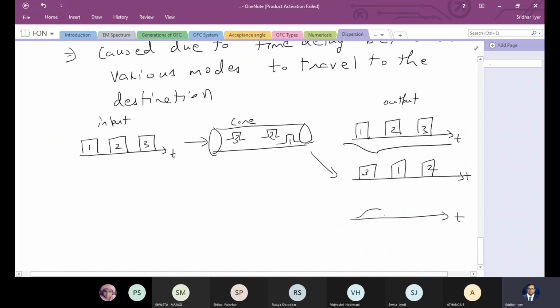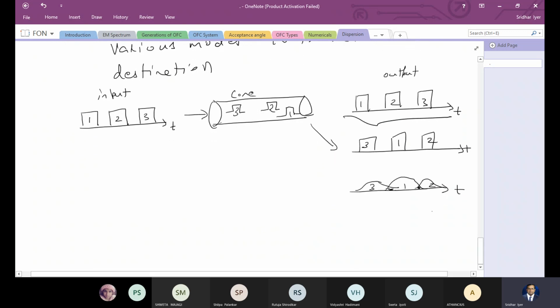So you'll have one bit like that, bit like this, and bit like that, where the dispersion has occurred, and the bits are also delayed. So you may get 3, 1 and 2. So it's all chaotic at the receiver's end, and the receiver really is not sure which bit has come first or which bit has come second, right?